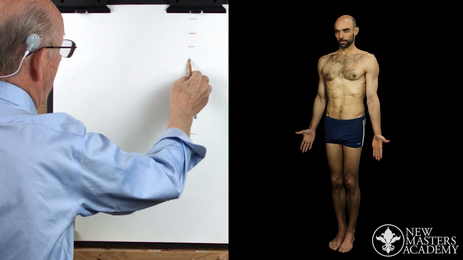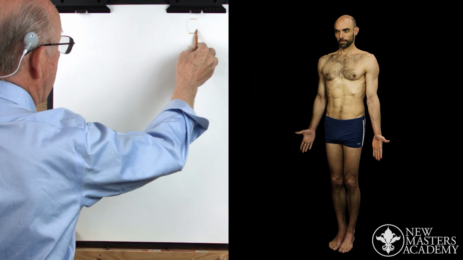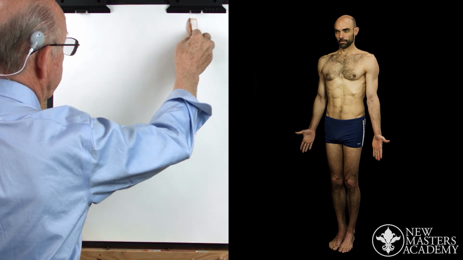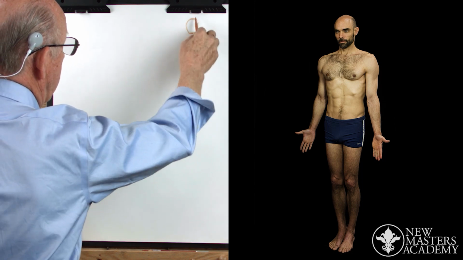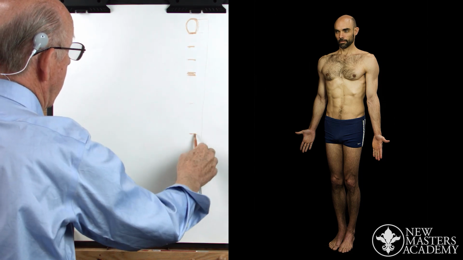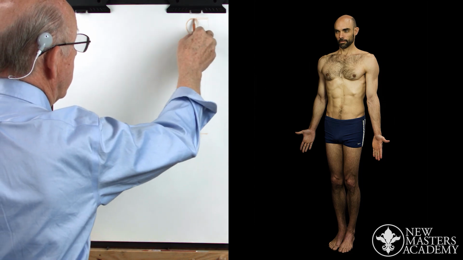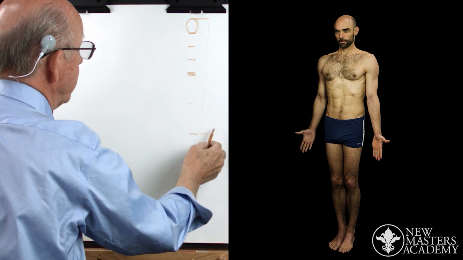So the head size corresponds to this. Now I use a little different system. That proportion, 8 heads high, is actually not really normal. Standard human proportions are closer to 7.5 to 7 3/4.